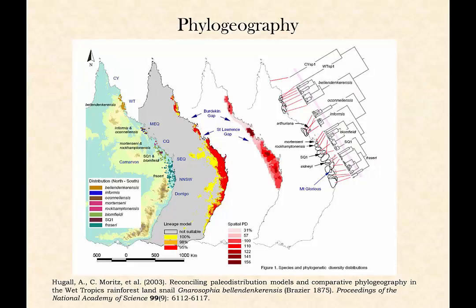Okay, so geography, having gone through a crash course in tree reading and evolutionary science, phylogeography. So this is not 2003, so we're talking 13 years ago when I started my work. This was the kind of most advanced diagram that you might get showing a tree in geography. These are snails along the Western Australian coast.